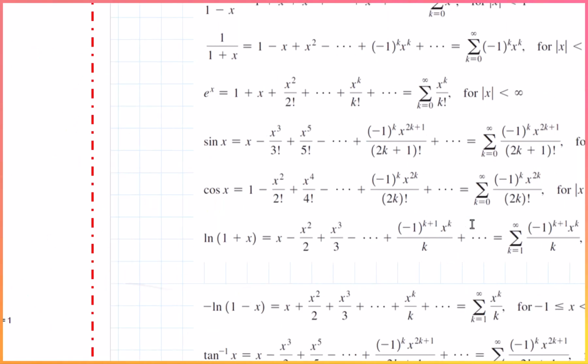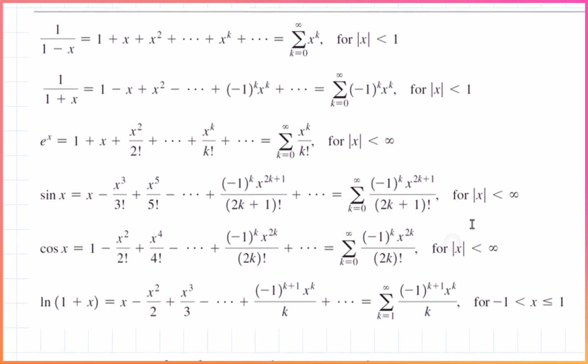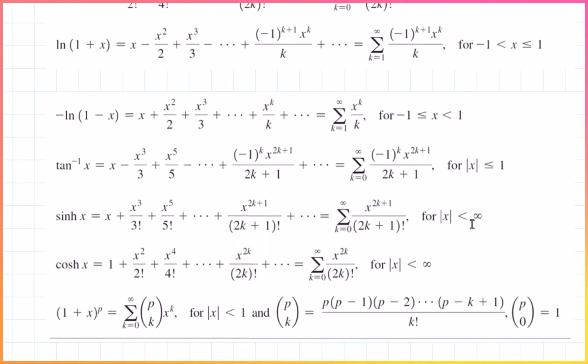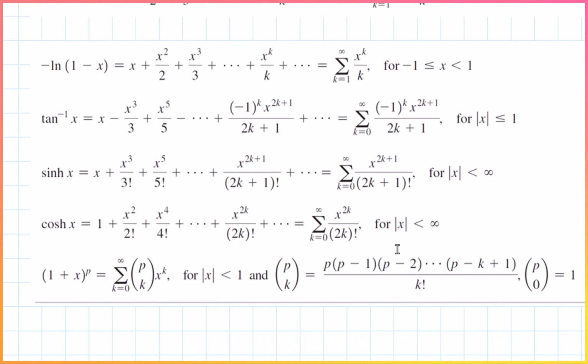Now, the book also includes a few more. Here is the expanded table from the book, including the ones that we have, as well as the two hyperbolic functions, sinh and cosh. Of course, we could find those power series representations doing the same thing that we did for the previous ones. So sinh and cosh are included in the book's more expanded formulas, and you will see those as well in the homework.